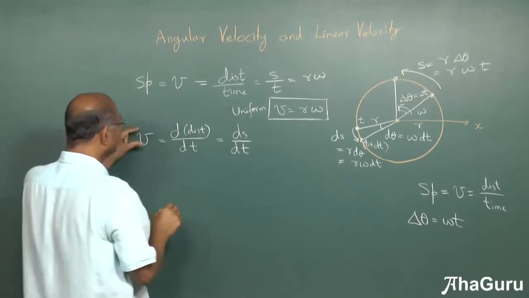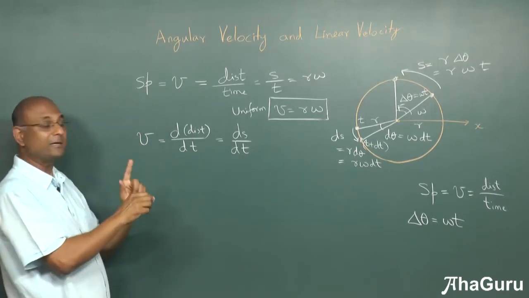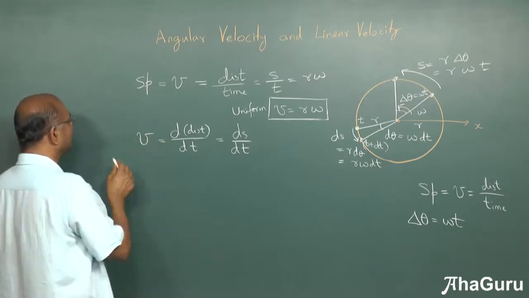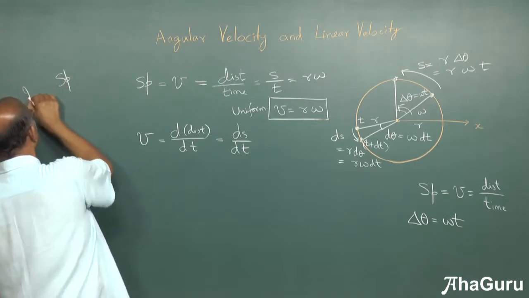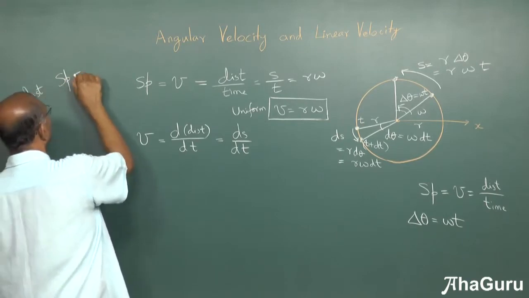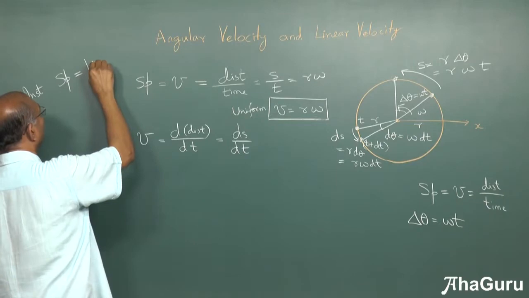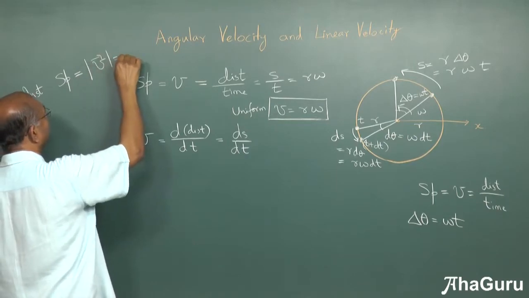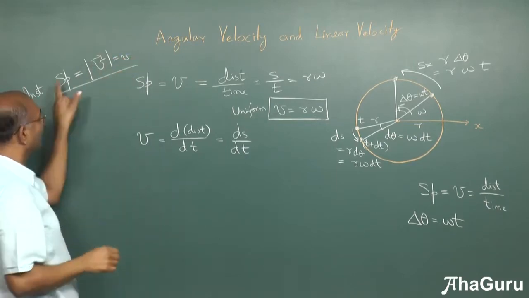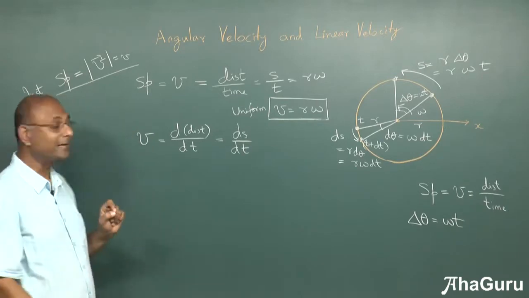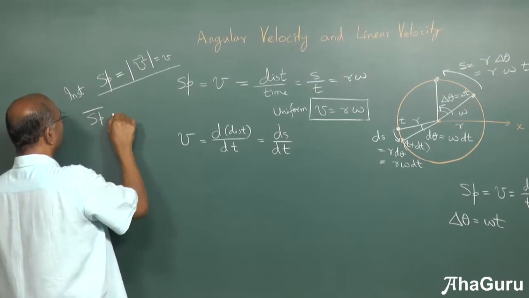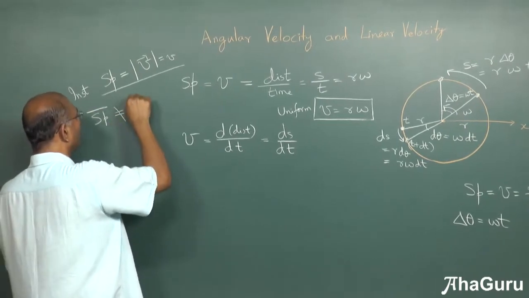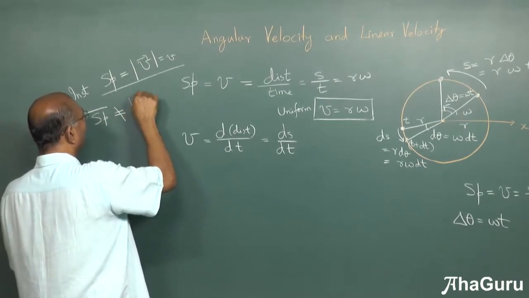Now, instantaneous speed is the same as the magnitude of instantaneous velocity, which is why we use this symbol. Keep this in mind. Instantaneous speed is equal to the magnitude of instantaneous velocity. That's why nobody uses a separate symbol for speed. But average speed is not equal to the magnitude of average velocity.